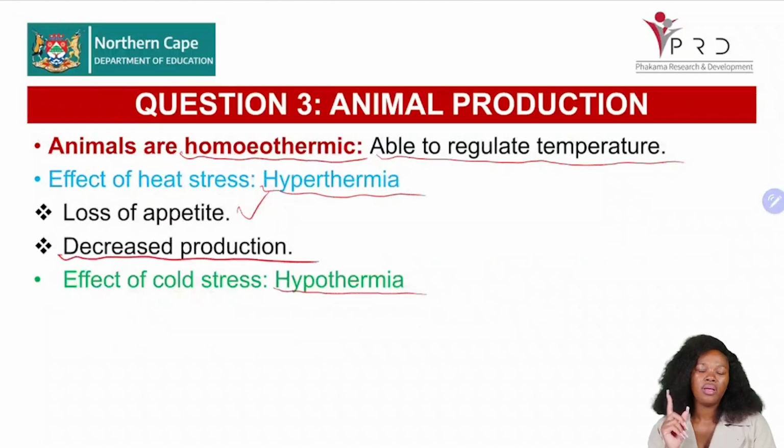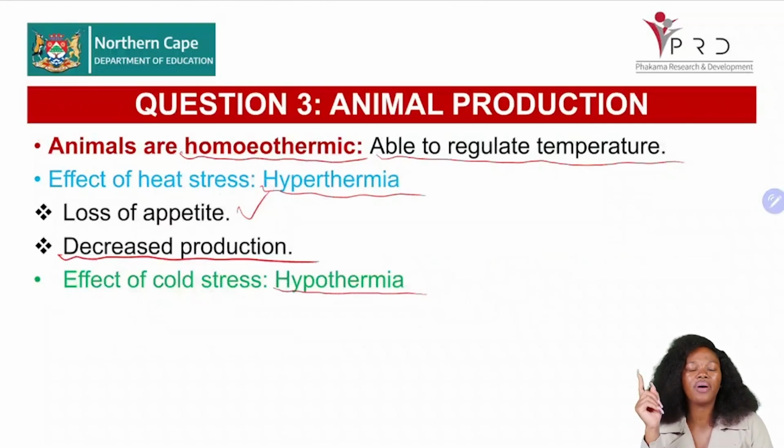Another thing, the pigs, when experiencing hyperthermia, will wallow in the mud. There will be increased thirst, right? Increased breathing in other farm animals. So those are the signs that animals are experiencing a condition called hyperthermia due to high temperatures.